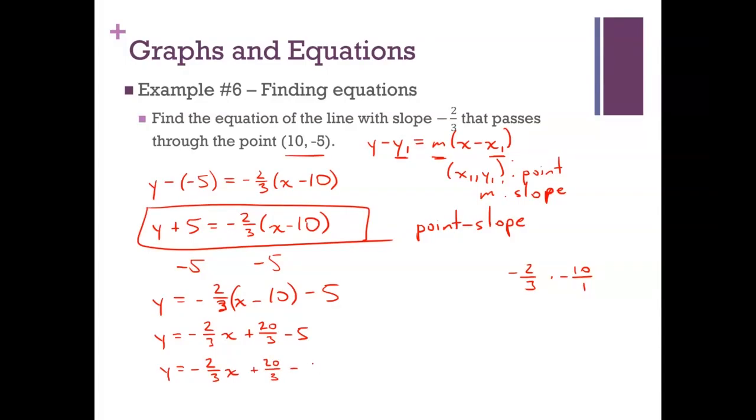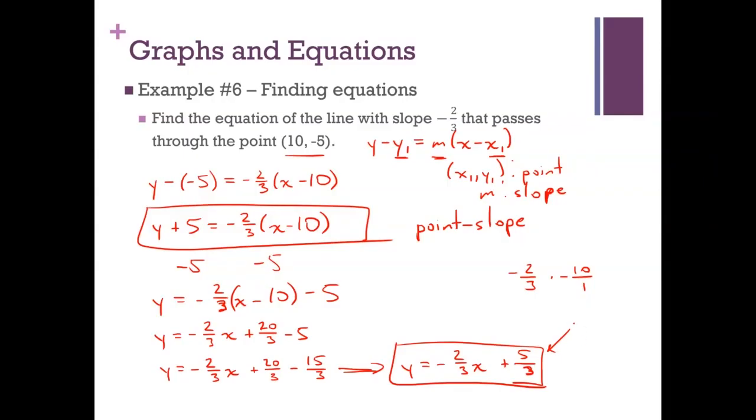And 5 we can say is 15/3. So now this all looks like this: y equals negative 2/3 x plus 5/3. So now that I've done this, this should probably look more familiar.